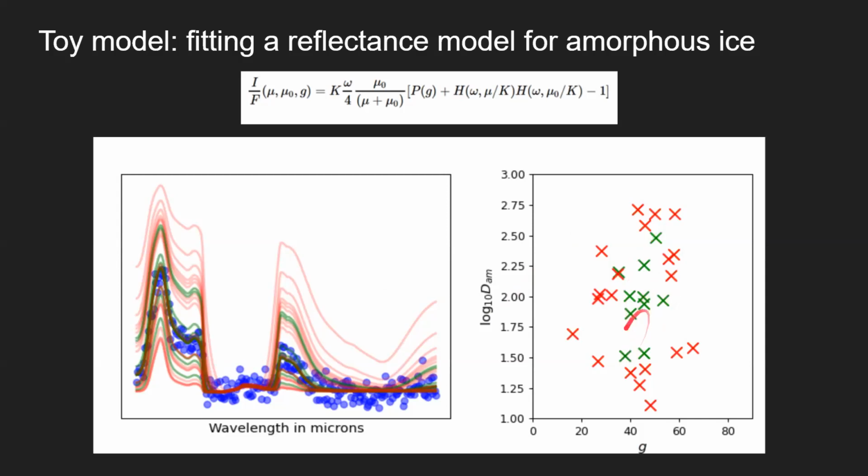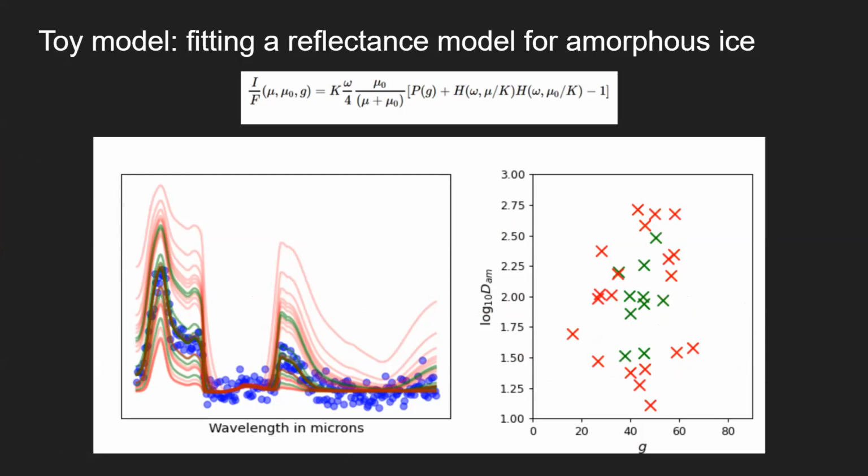Specifically, the models highlighted in green do a better job at fitting the data than the red. The goal of the whole Bayesian inference methodology is to explore this parameter space and find the regions where the models fit your data very well, or in other words, where the probability of the model is very high.